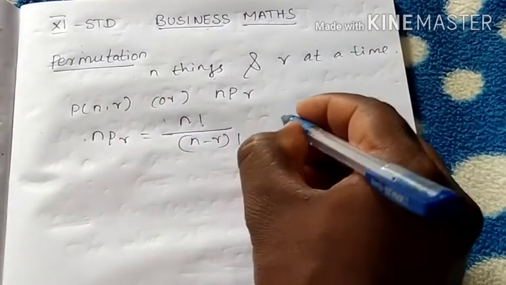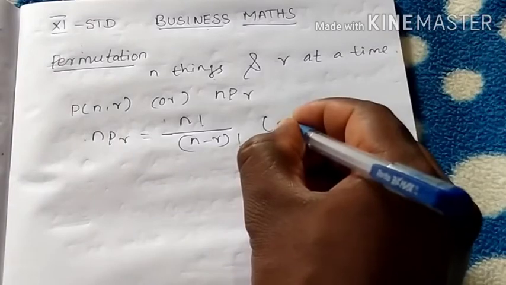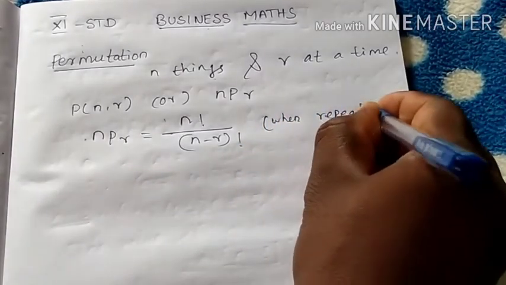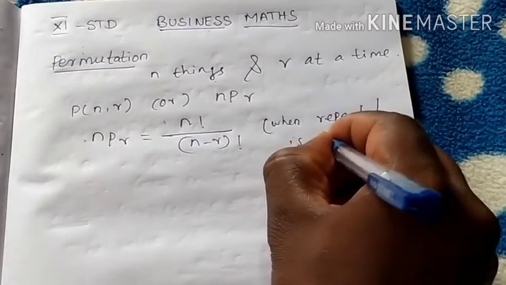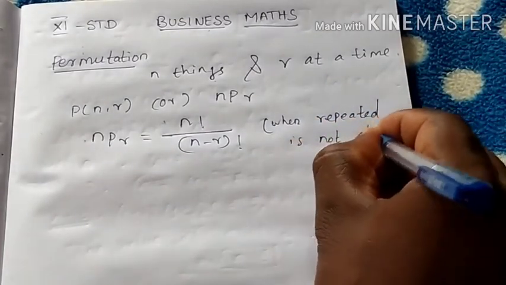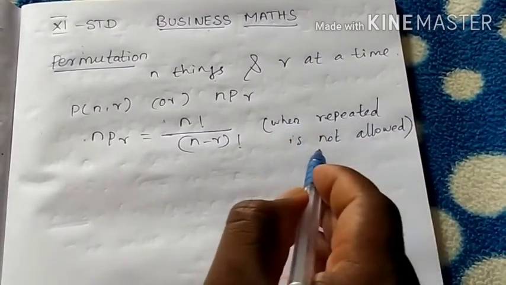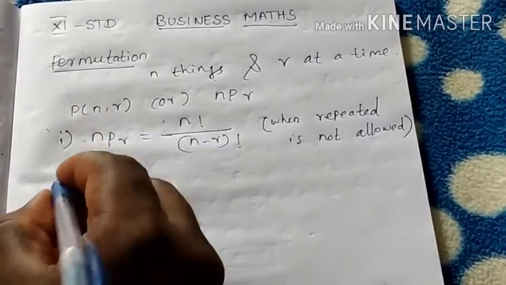This is when repetition is not allowed. When repetition is not allowed, this is the formula.